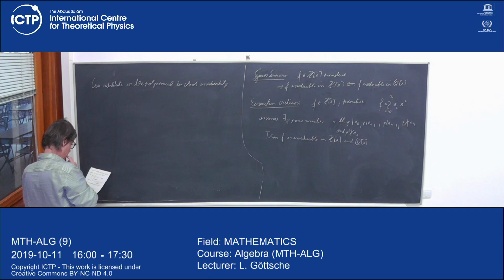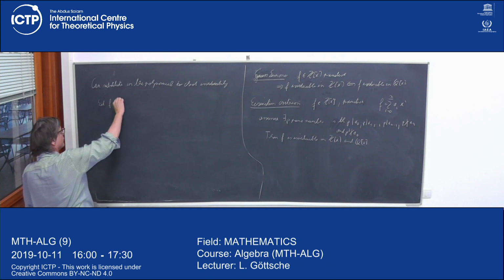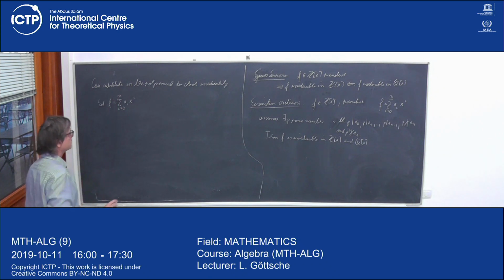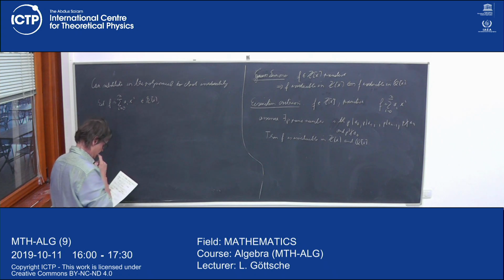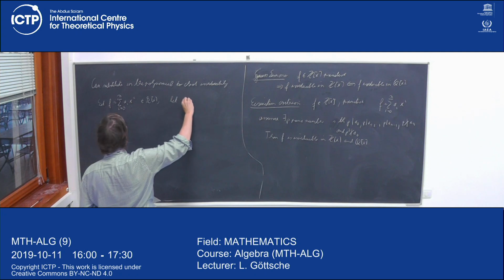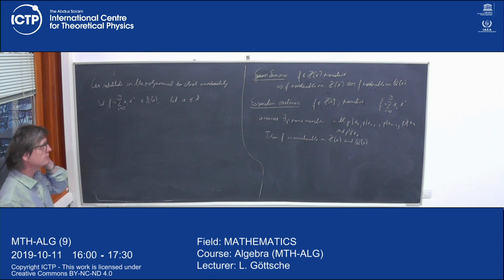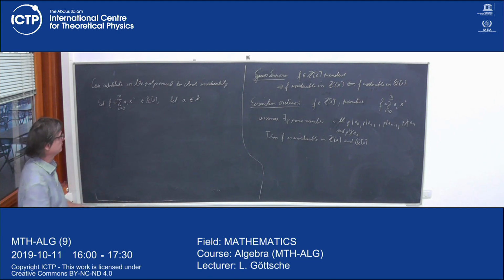So if f is a polynomial, the sum from i equals 0 to n of a_i x to the i, with coefficients in a field K, and I take any element a in K, I can replace the variable x by x plus a, so I can shift it by a.